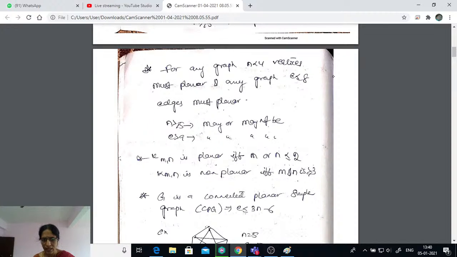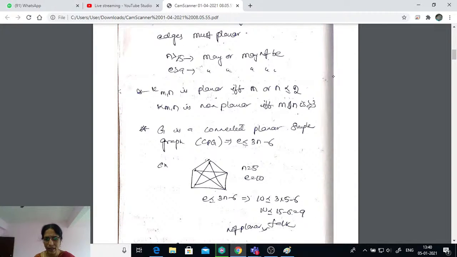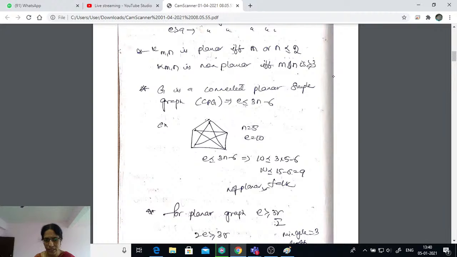That means if a graph is a connected planar graph, so here one example is there. If it is a connected planar graph, compulsorily the number of edges is less than or equal to 3n minus 6. Okay, now see here, n equal to 5, e equal to 10. How many edges are here in total? 10 edges.